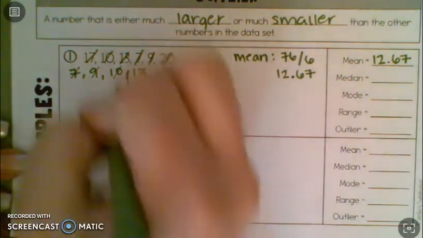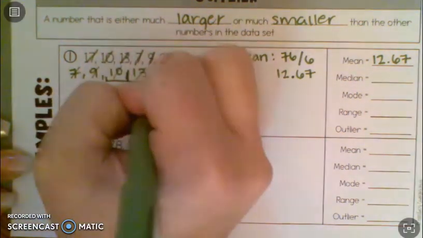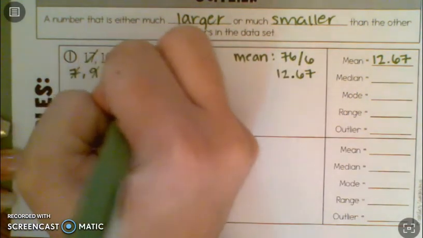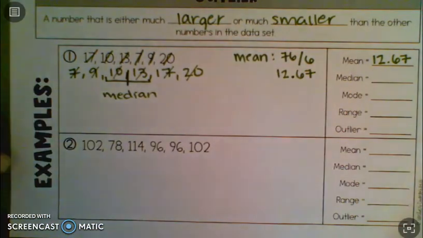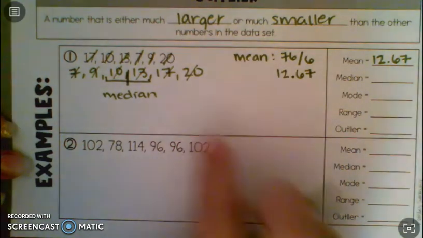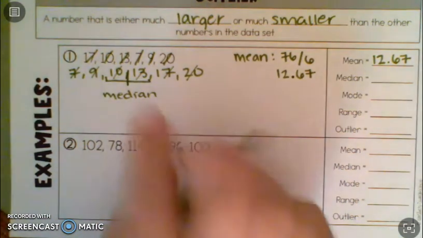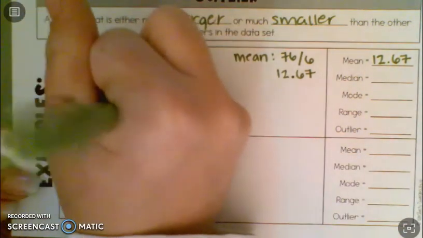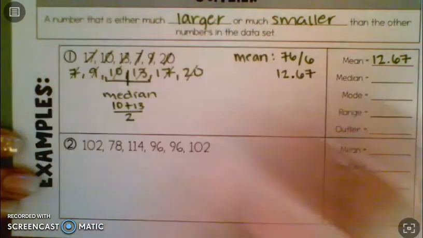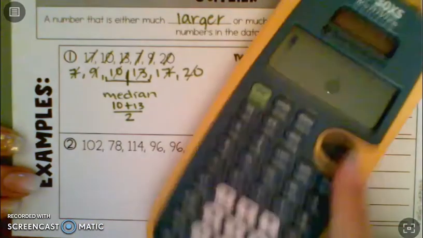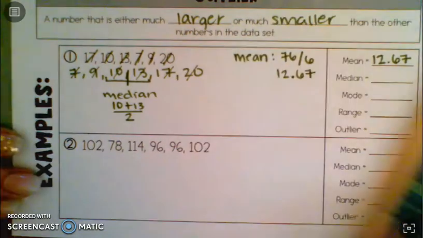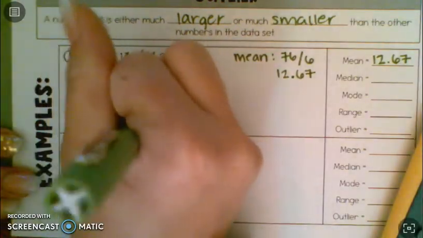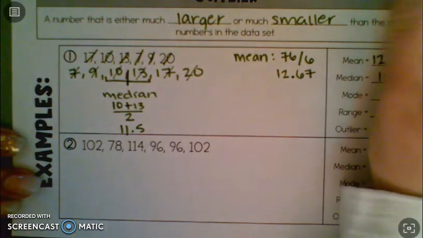So in order to calculate it for a median, we're going to find the average of these two. So in order to find the middle when there's two numbers, you're going to have to add them together and divide by 2. So you're going to do 10 plus 13 divided by 2, which is going to give you 11.5. So our median is 11.5.